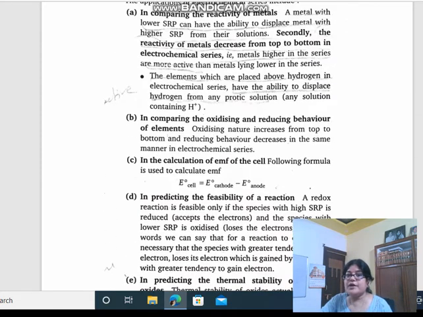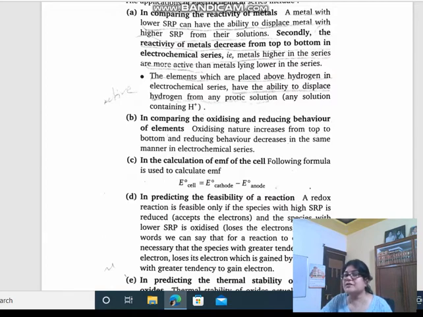Firstly, in the first point, we learn reactivity decreases, R for reactivity. Similarly, in the second one, we can see that reducing decreases. So this is again from R. So when reducing decreases, oxidizing increases.